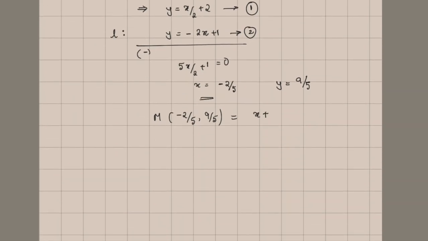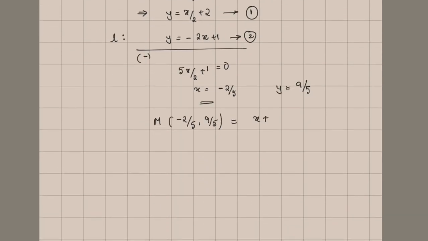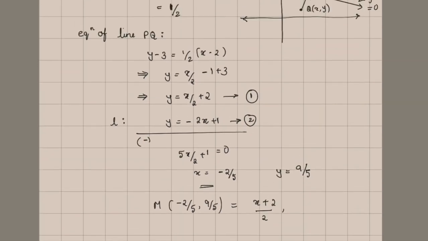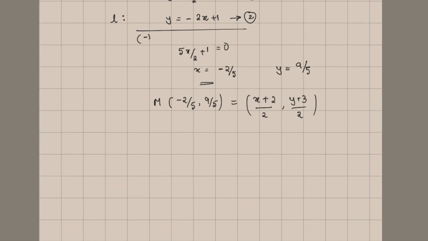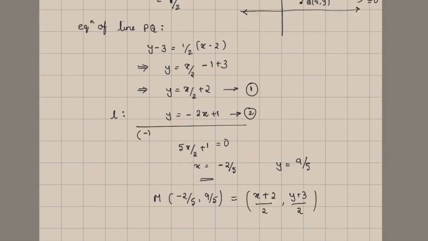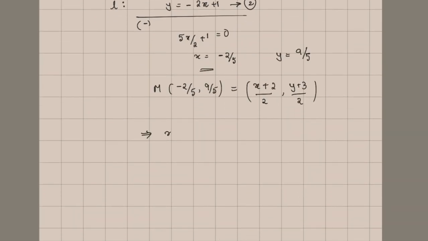So M is nothing but ((x + 2)/2, (y + 3)/2), because M is the midpoint of P and Q. If we equate this, we get (x, y), which is image Q. We get (x + 2)/2 = -2/5, which gives x = -4/5 - 2, which is -14/5.